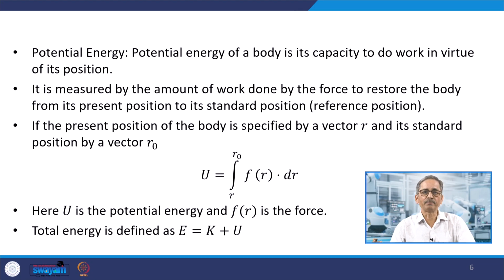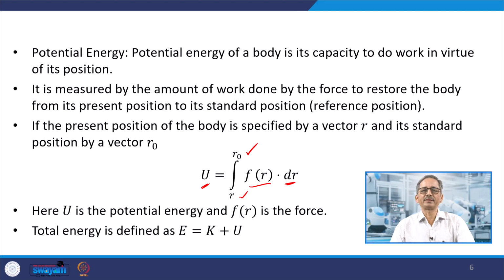If the force is F(r), and the current position of the body is r, and we want to take it to its reference position r0, then this is going to be the work. We take an elemental displacement, take a dot product, and then integrate.